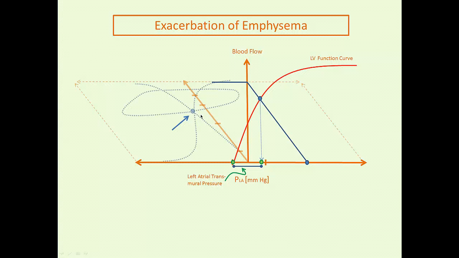And that's because the pulmonary veins and the left ventricle are both exposed to intrathoracic pressure, and that's quite distinct from the right ventricle, because the systemic veins are exposed to atmospheric pressure, whereas the right heart is exposed to intrathoracic pressure, but it's quite different in the left heart.